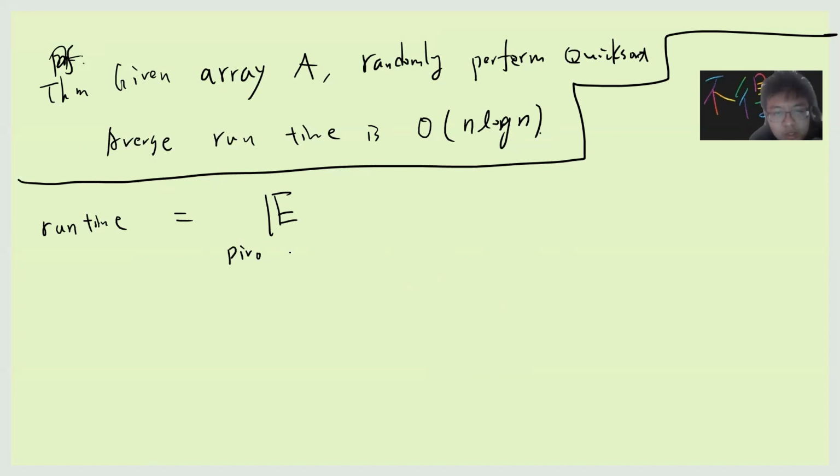This is a difficult sum, because you take all the possible pivot sequences. You randomly choose the initial pivot, and the next step depends on the initial pivot that you chose. So this is a pivot sequence, and we take the expectation value of the number of comparisons.